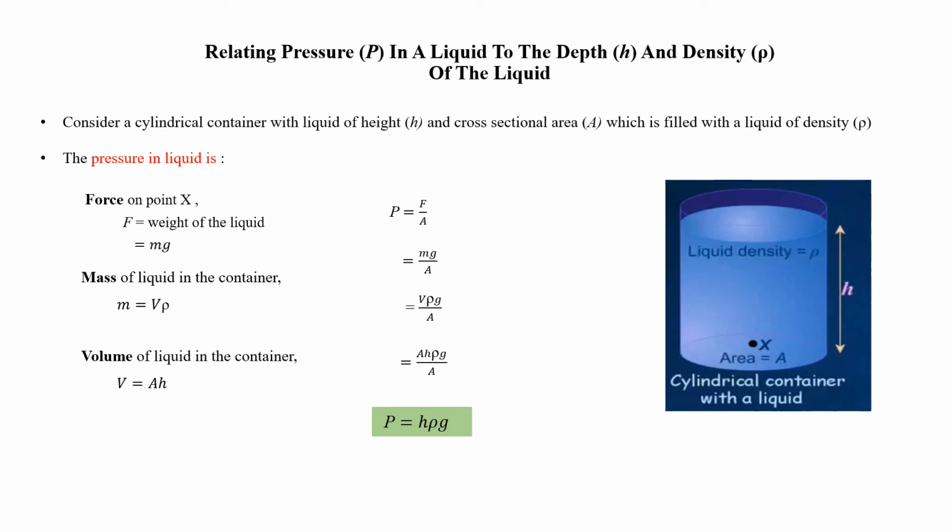So still remember that the pressure in liquid does not depend on the surface area, but it increases with the depth and density. So this formula shows that the pressure in liquid is proportional to the depth and also the density. Using this formula, we can solve problems regarding the pressure in liquid.